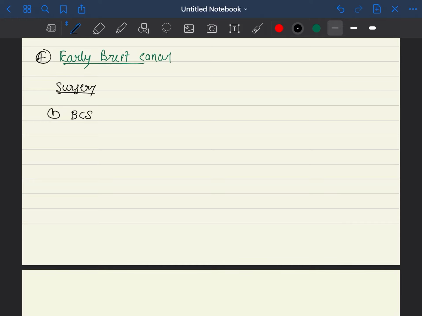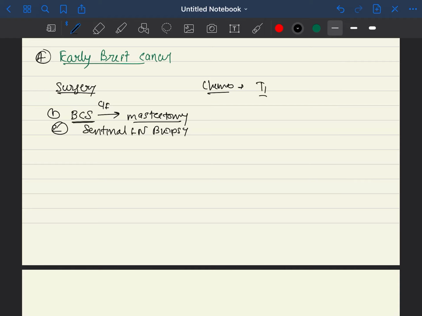We can give breast conservation surgery. Can also go for the sentinel lymph node biopsy. Alright, if BCS is contraindicated, we can go for the mastectomy. Like in pregnant women, we cannot do the breast conservation surgery, so we can go for the mastectomy. In chemo, we can give, as I already told you.